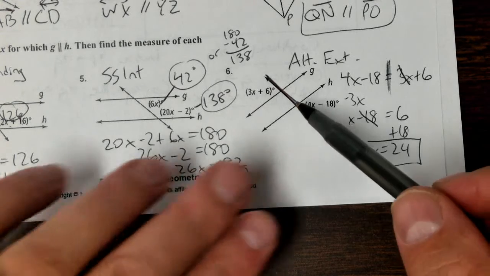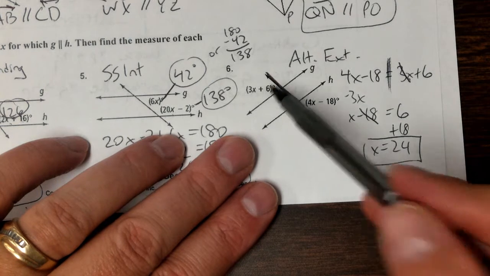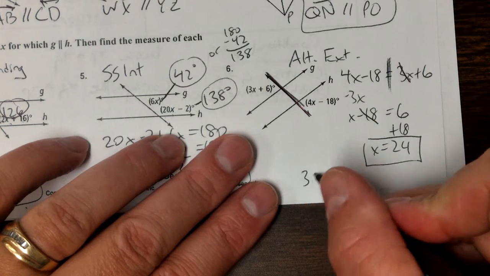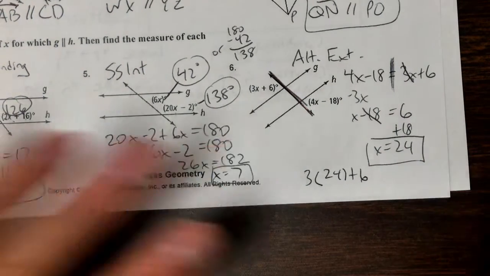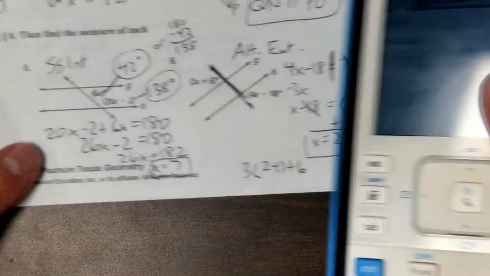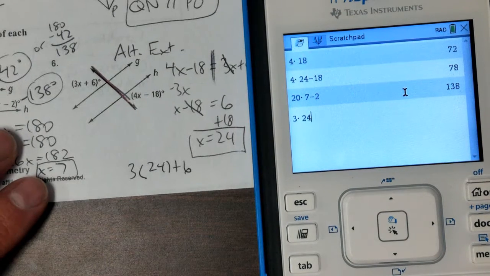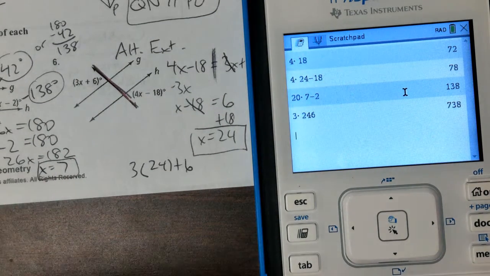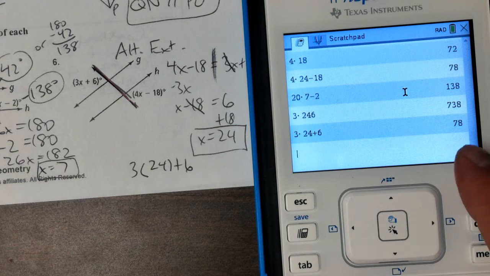The last part we need to do for this is to plug it in. I'd rather plug it into the one with the plus sign because that's easier. So 3 times 24 plus 6. That gives you, whoops, I did a typo. 3 times 24 plus 6, 78.